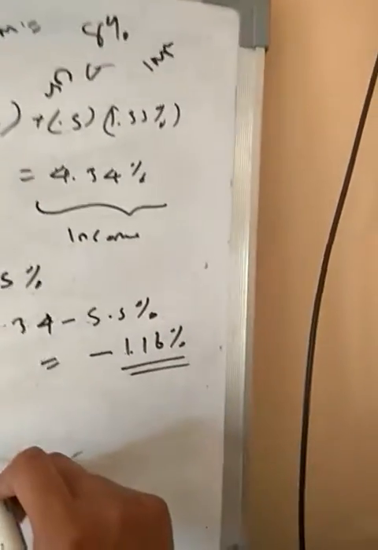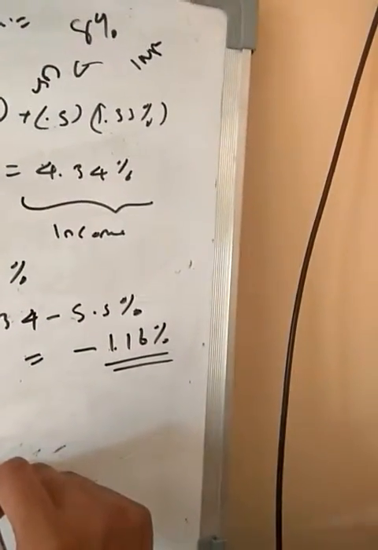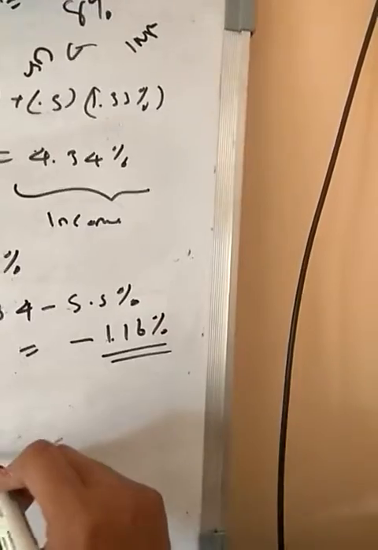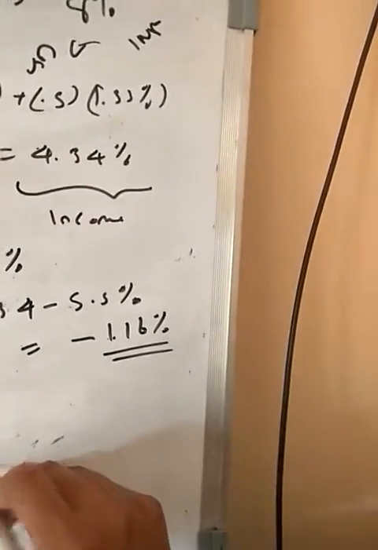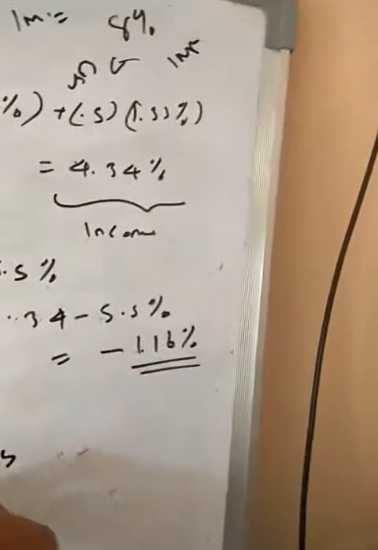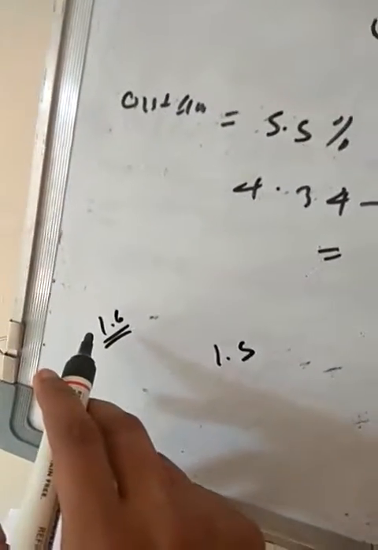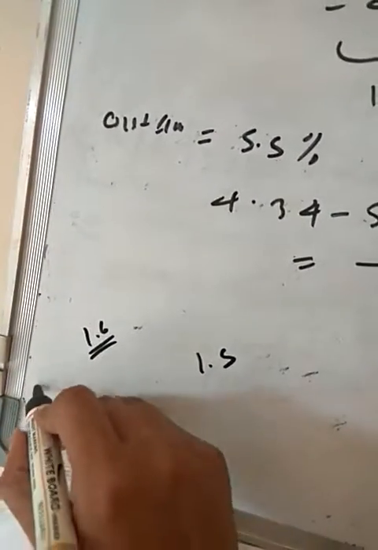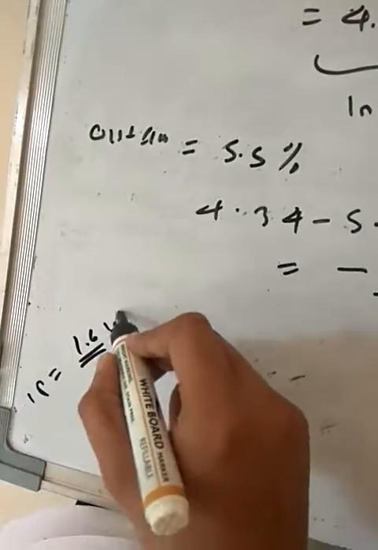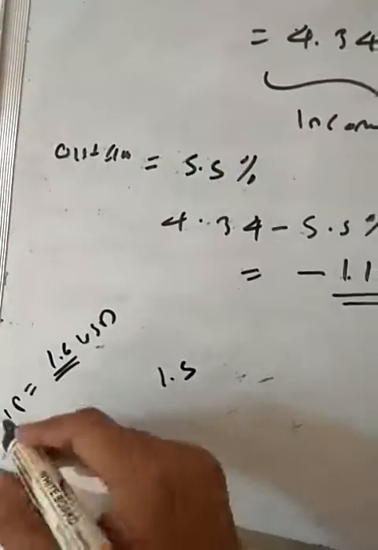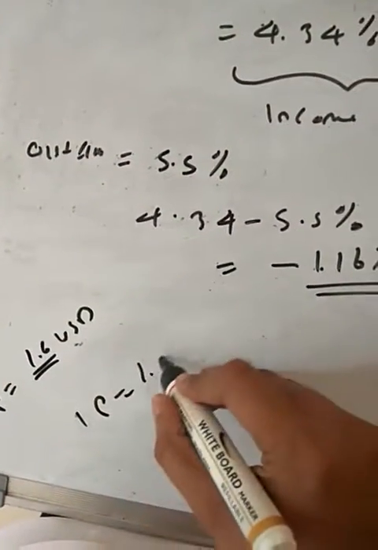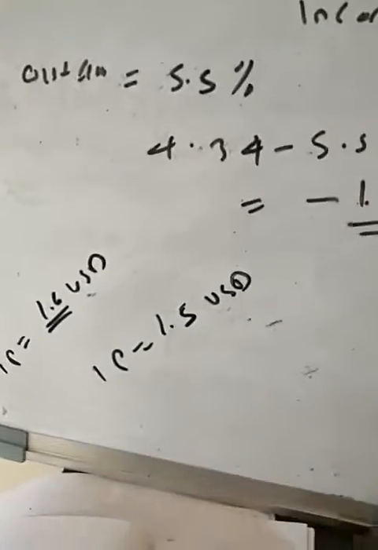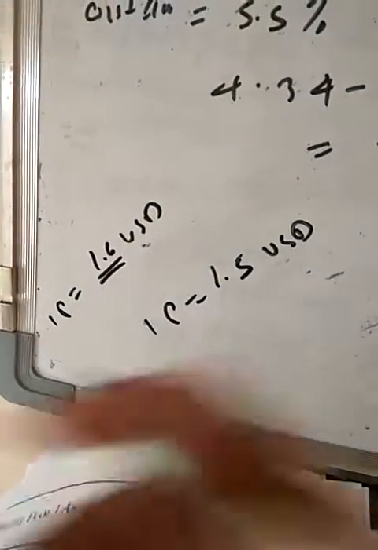Do we remember? The exchange rate was 1.5, right, and 1.6. Today it is 1.6. For 1 GBP pound you pay, you will get 1.60. After 1 year, for the same 1 pound you are going to get less US dollar, 1.5 US dollar. This is the key.